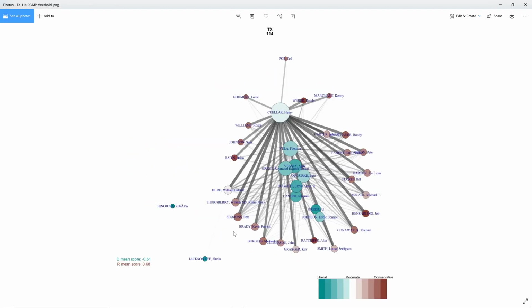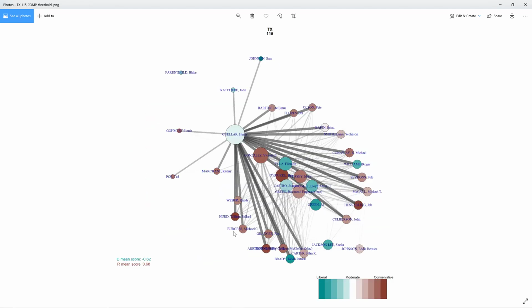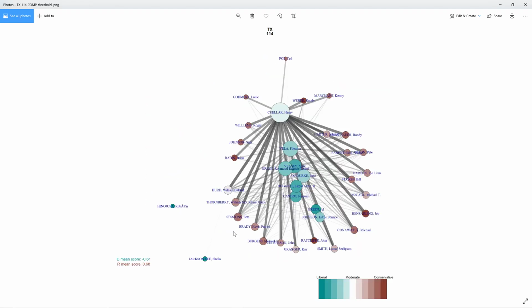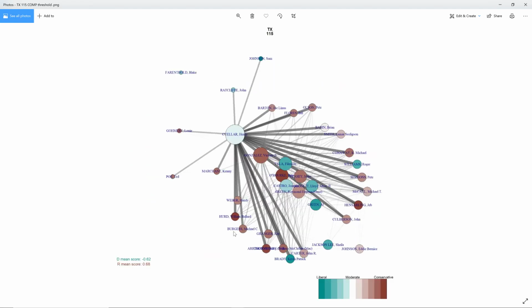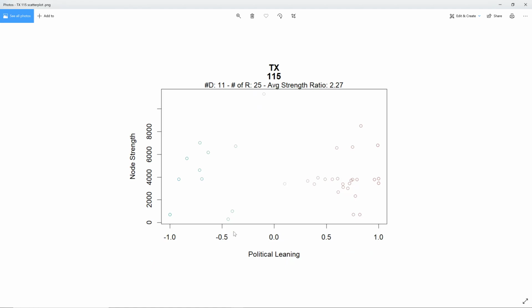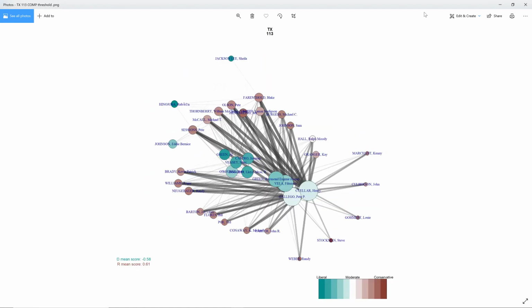And we see that, yes, both of them went closer towards their extremes. Between the 114th and 115th, Republicans stayed the same at 0.68, which is still quite high. And Democrats went 0.01 more. So that's what we have to work with right now.